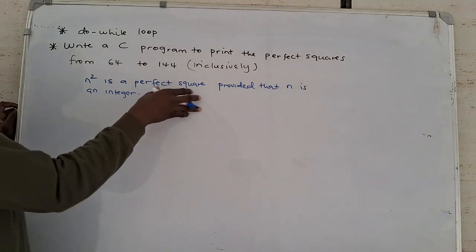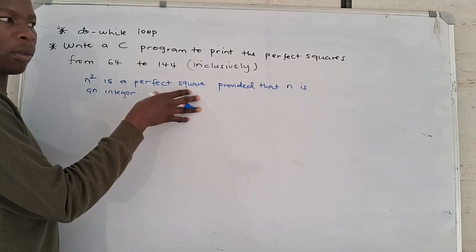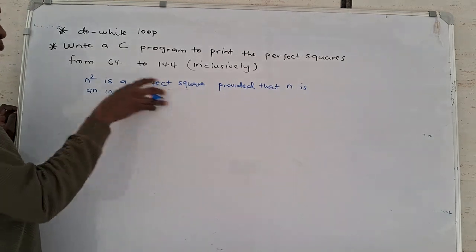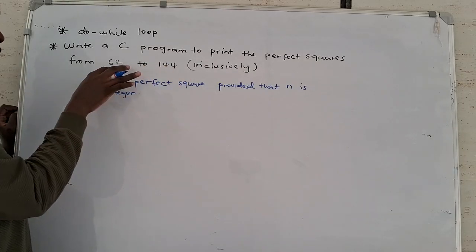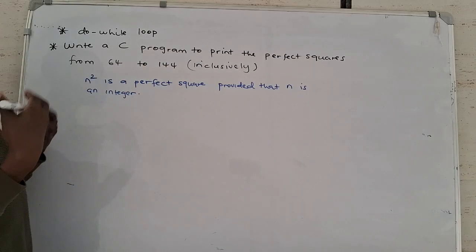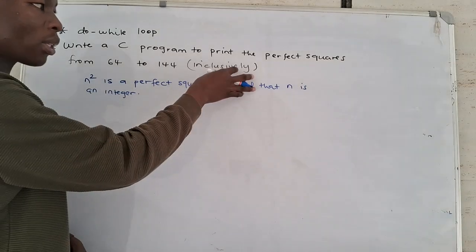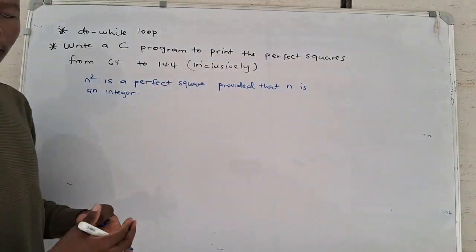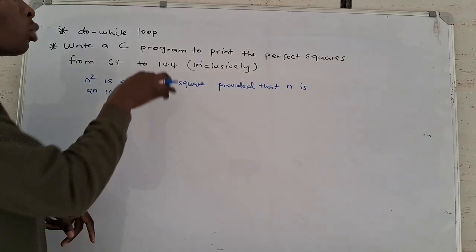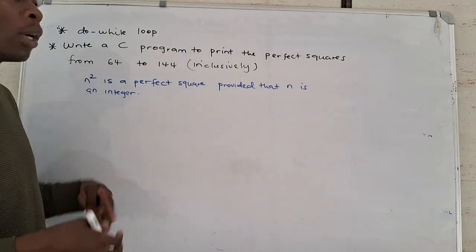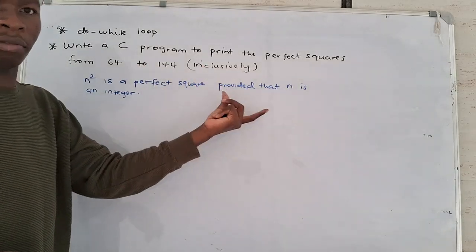And we want perfect squares from 64 to 144. If 64 is a perfect square, you should include 64, because it's inclusive. If 144 is a perfect square, you should include 144 because this is inclusive.